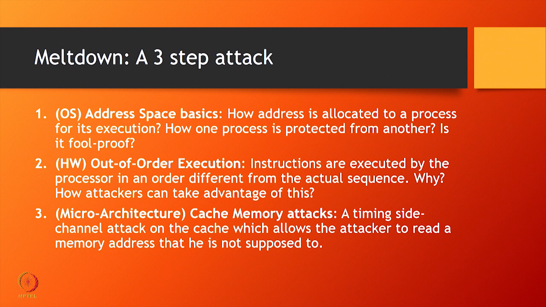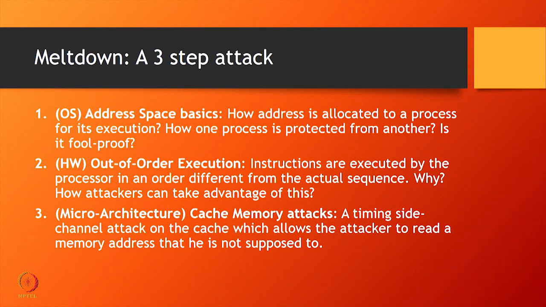So, a process should always interact with the OS even for its execution. It is not that the process will never interact with the OS; it has to interact with the OS for many of these things. When we want to understand Meltdown with this background, we have to answer 3 questions. The first question is, we need to understand the address space.